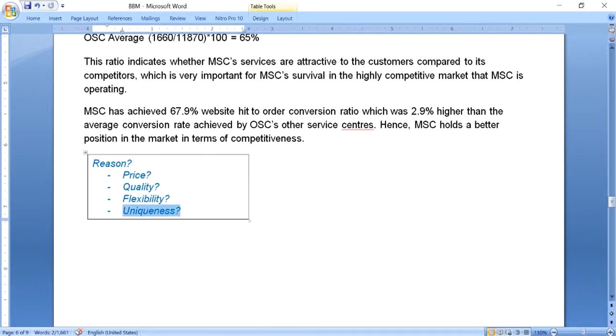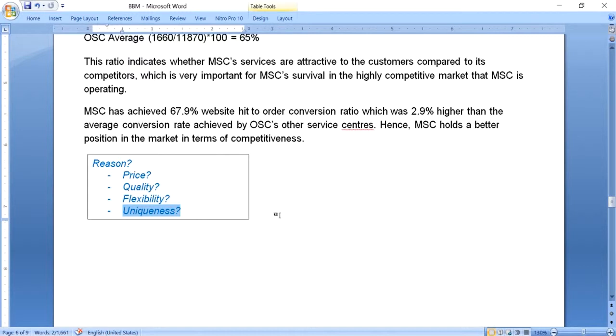But yes, uniqueness. So these two reasons should be stated here. Number one, we are providing the best value to customers, considering the uniqueness of our products and services, and considering the quality. That made MSC competitive in the market. That's what it requires you to write.